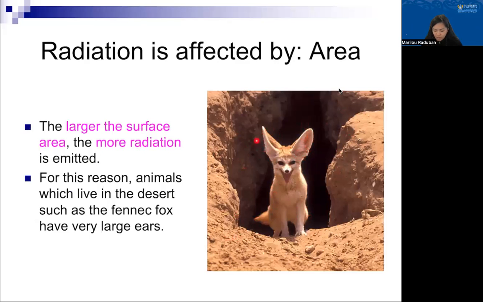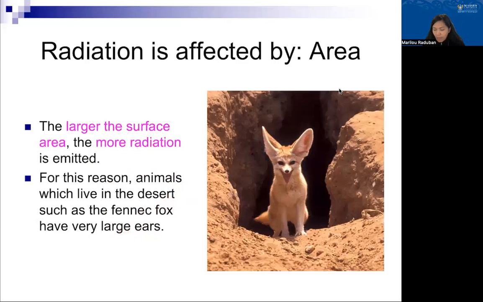And we can also observe the difference in surface areas in animals. Animals who live in very hot climates like the desert usually have very large ears. For example, elephants in Africa compared to elephants in Thailand. Africa is much hotter, so the elephants there have larger ears compared to elephants in the cooler climates of Thailand.